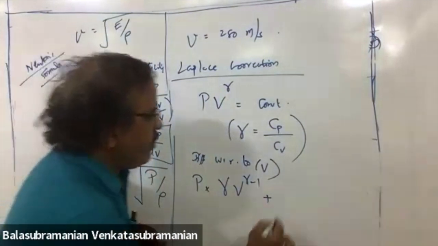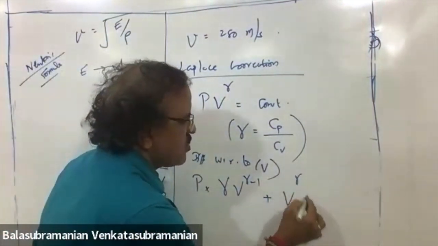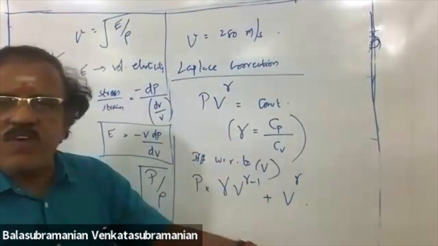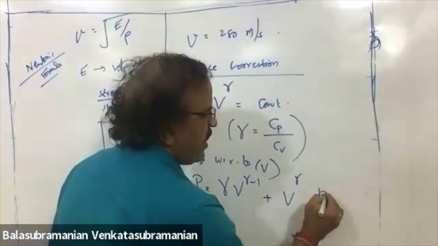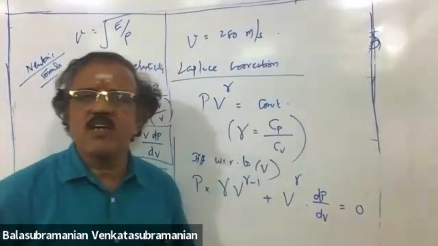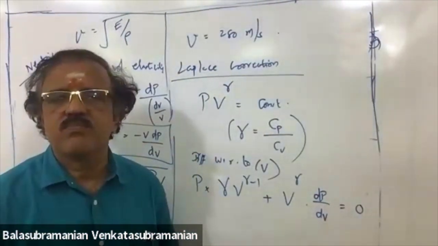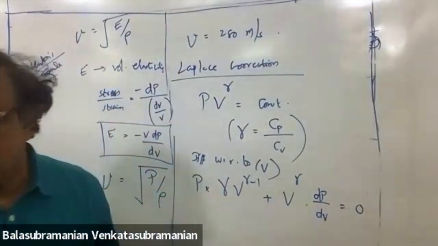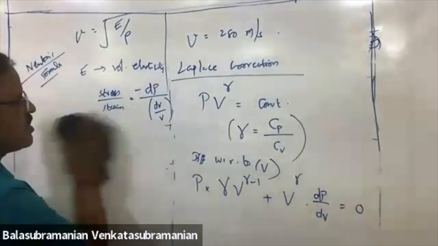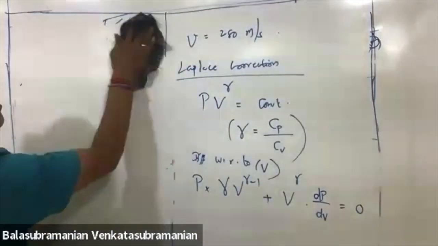Plus, keep V power gamma constant and differentiate P with respect to V. dP by dV is equal to 0. Constant differentiation is 0. It's a very important question: the Newton-Laplace formula for velocity of sound in gas.